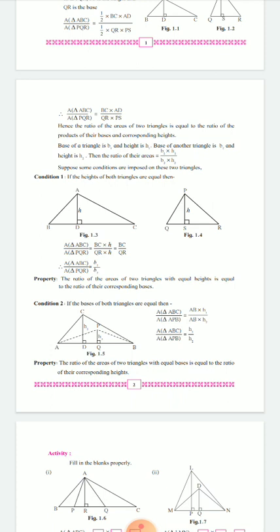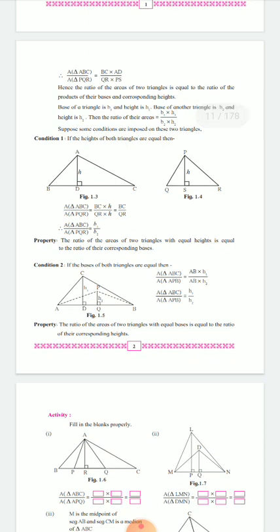See, if we compare both properties, in the first condition the height is the same, so we consider the ratio of corresponding bases. Now in this second case, the bases are the same, and we consider the ratio of corresponding heights only. Okay, so we have to remember this condition while solving problems.